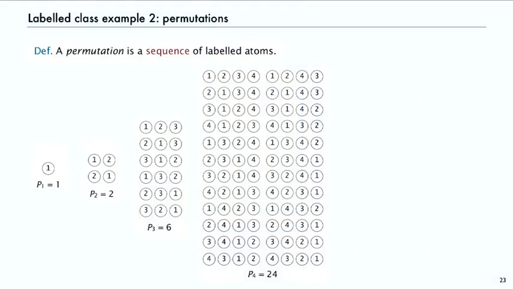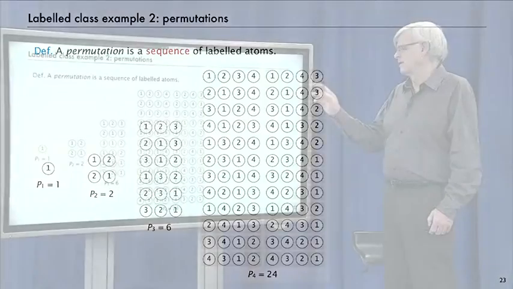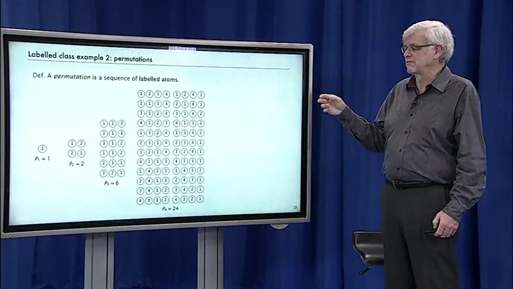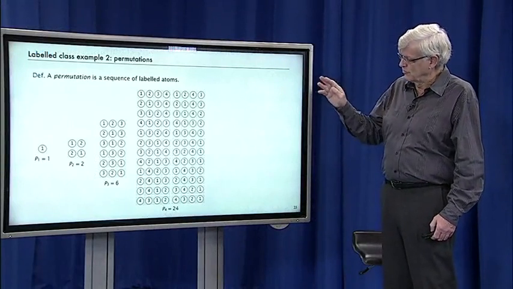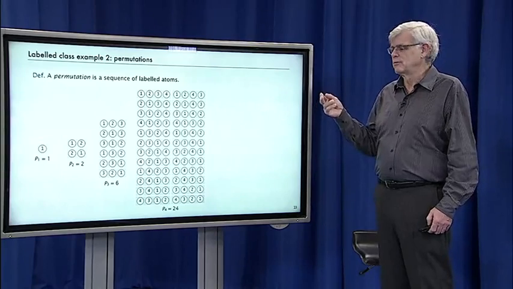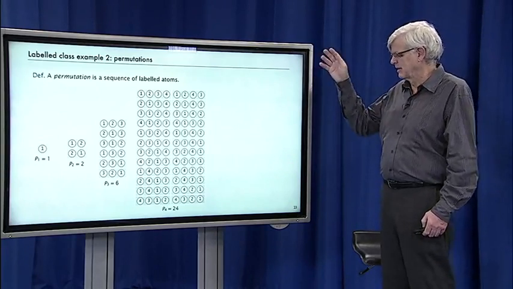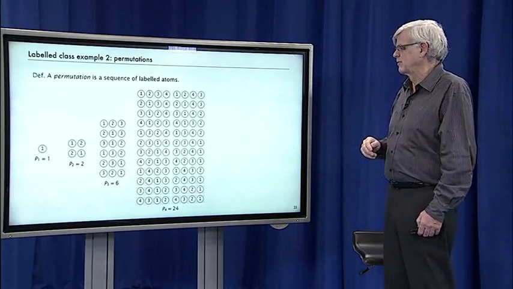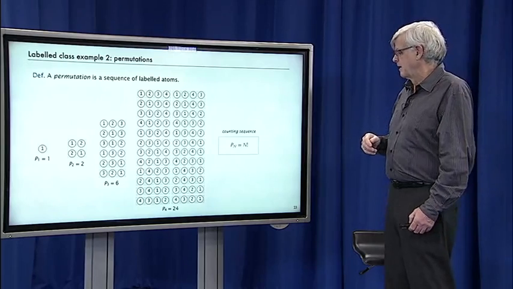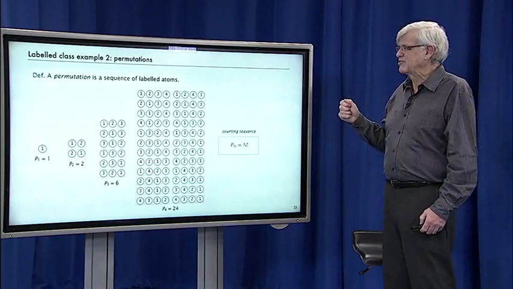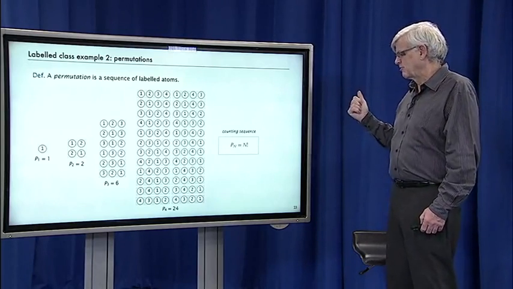Next one is a familiar one, it's permutations. A permutation is a sequence of labeled atoms. Sequence means the order is significant, atoms are labeled, so every possible ordering of the atoms is going to give a different object. So there's 2 different objects of size 2, either 1, 2, or 2, 1, 6 different objects of size 3, 24 different objects of size 4, and so forth. So what's the exponential generating function for permutations?